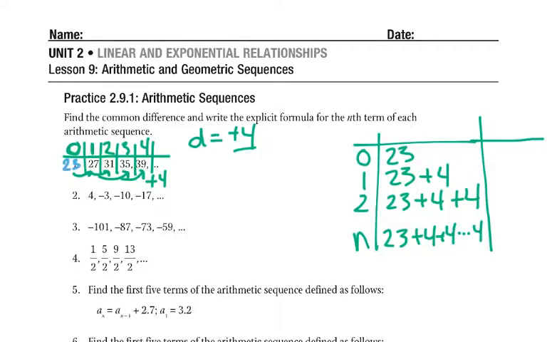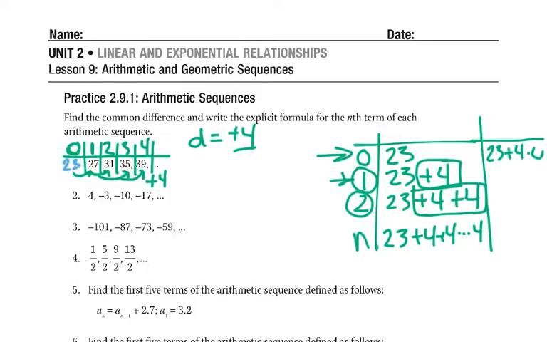So what we notice with the pattern is when we start with 0, whatever our input number is, that's how many times we're adding 4. And we have a shortcut for writing repeated addition. It's multiplication. So in other words, this would be 23 plus 4 times 0, 23 plus 4 times 1, 23 plus 4 times 2, and so on.